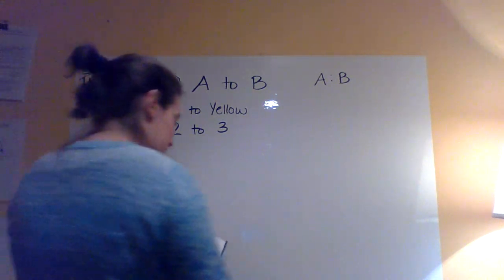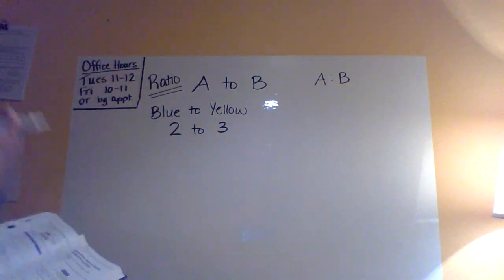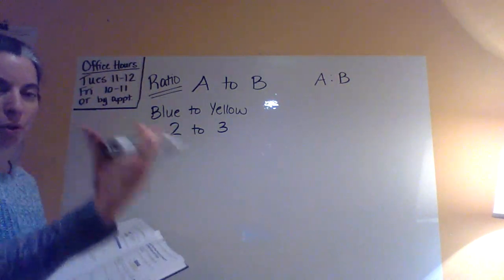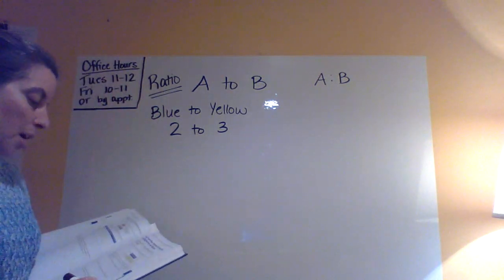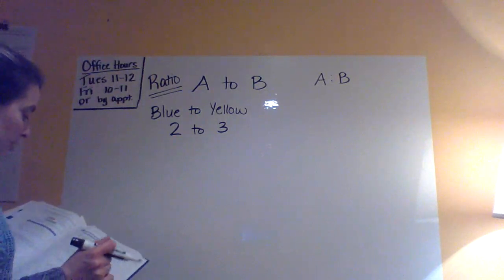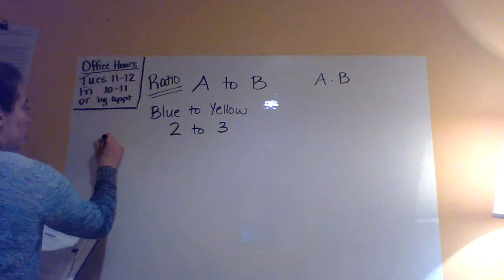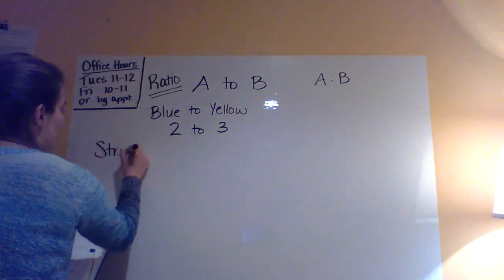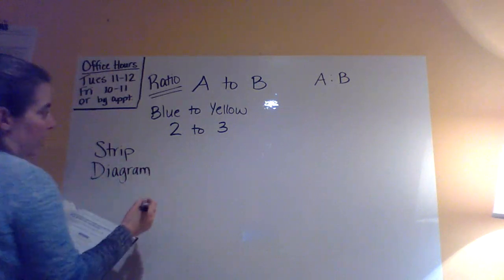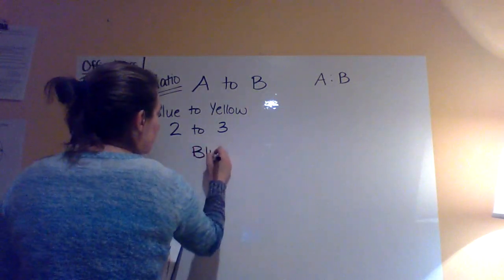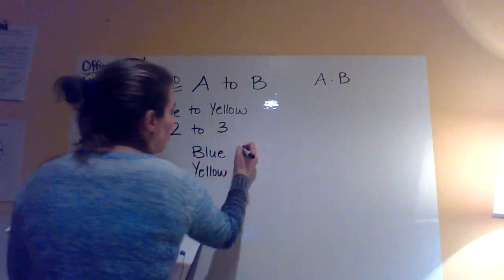So we want to make the same type of paint, the same shade. Okay, this is another example where obviously if you put more blue or more yellow, it's going to change the color. We want this exact shade. We're going to use 40 pails of blue paint. So what we can use as a tool for these, which you will likely see when you're teaching, are strip diagrams. So we're saying, okay, blue to yellow, we're going to visually show that it's 2 to 3.